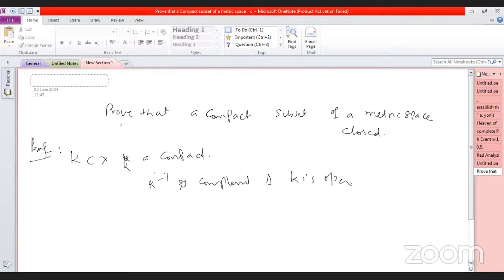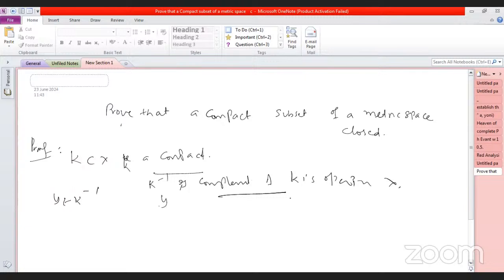So we are taking it is compact, then K complement is open in X. So therefore Y belongs to K complement.